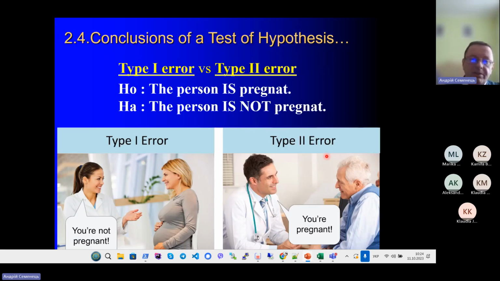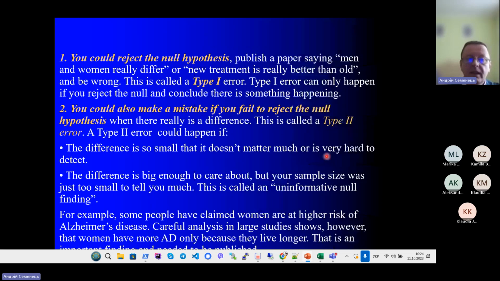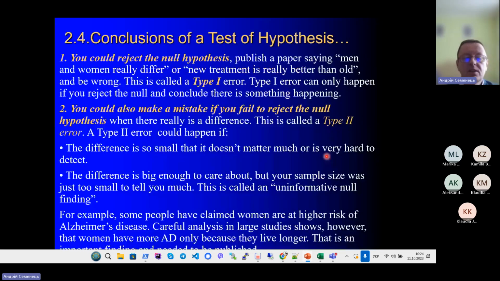It is easy to determine for fun, like in this case, but in reality, when we deal only with numbers, it's not such fun, and it's really very difficult to determine whether we fall into a type 1 error or not.